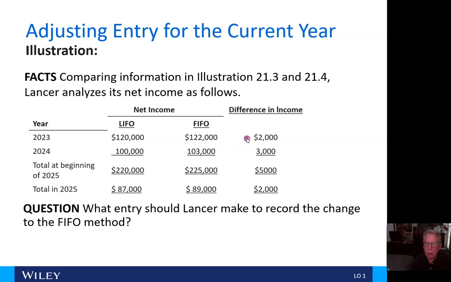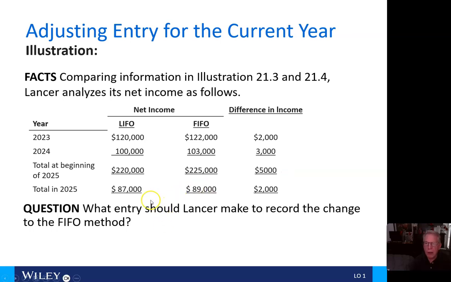So FIFO is showing more income in 2023 and 2024. And the total at the beginning of 2025 then is $220,000 for LIFO, $225,000 for FIFO, and a difference of $5,000.